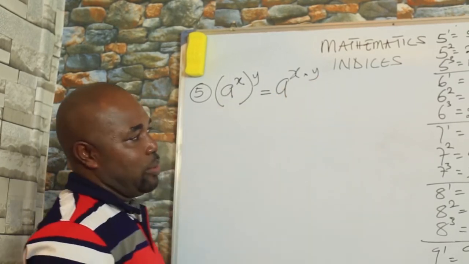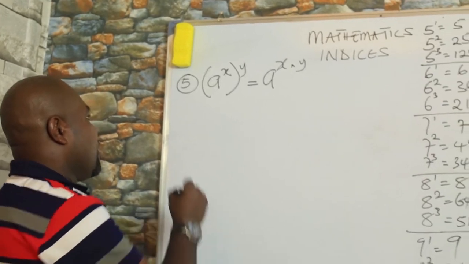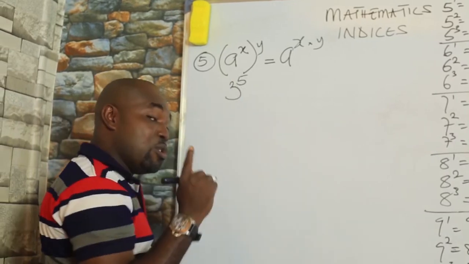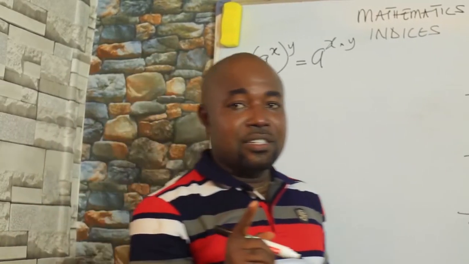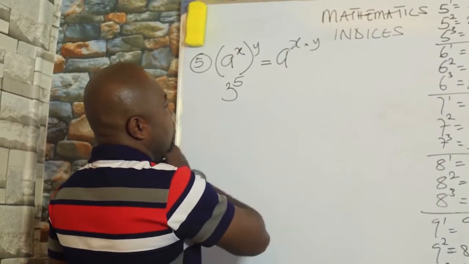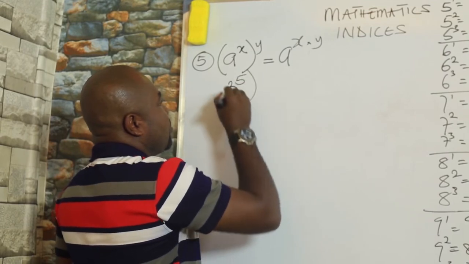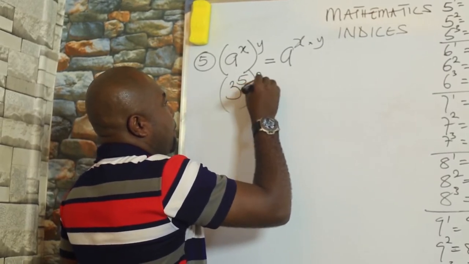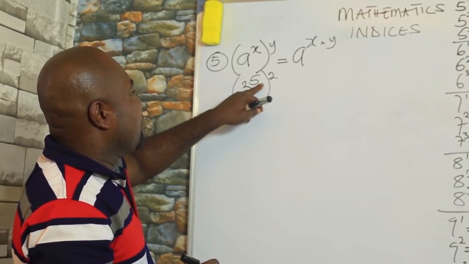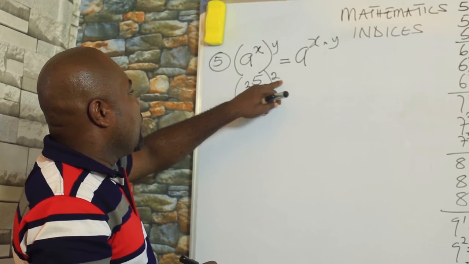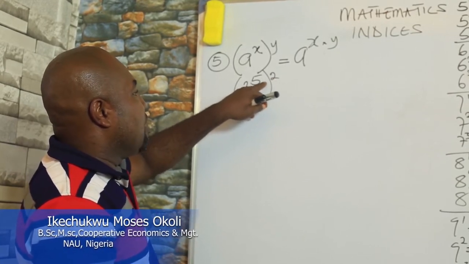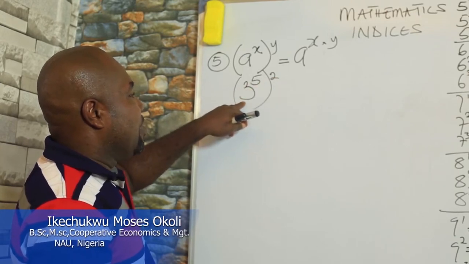Let us take an example. If we have something like this, 3 raised to power 5, like we have used in our first, second examples, 3 raised to power 5 in bracket 2. The 5 and the 2 here are exponents of 3.